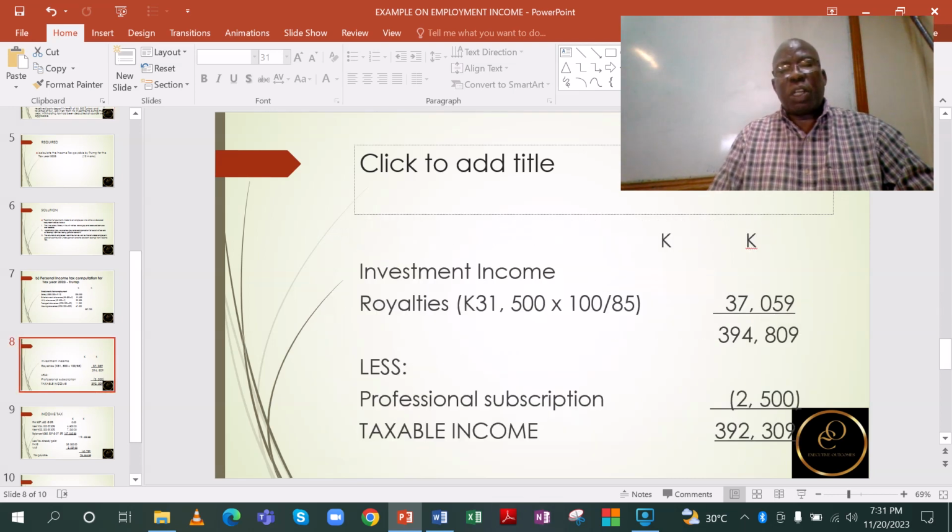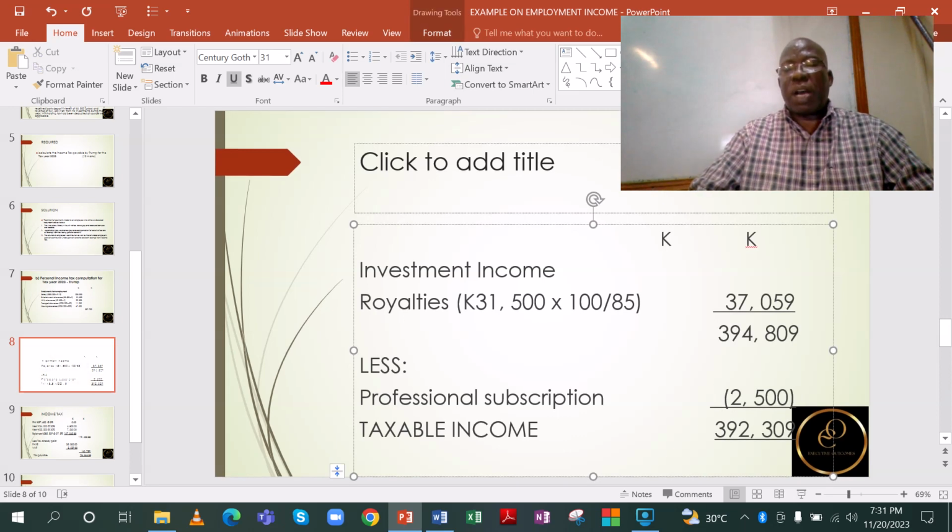So that's why it's brought into the computation as a reduction, so that we reduce the amount of income to be taxed by the professional subscriptions relevant to his employment duties. That's what the revenue authority requires us to do.